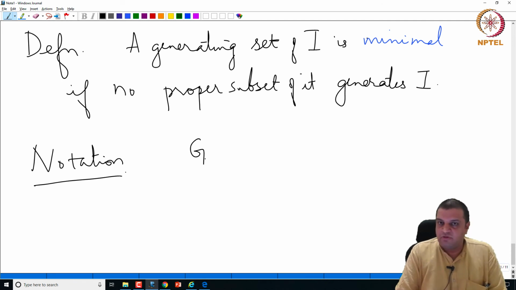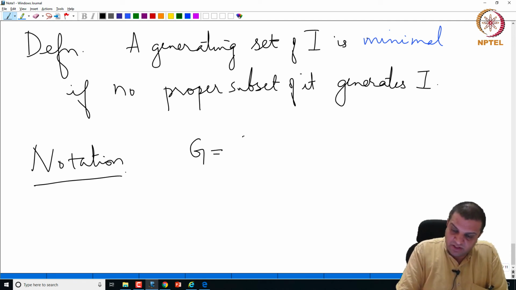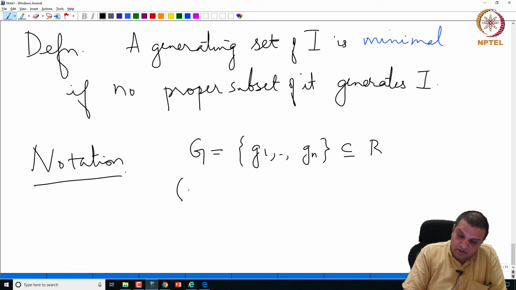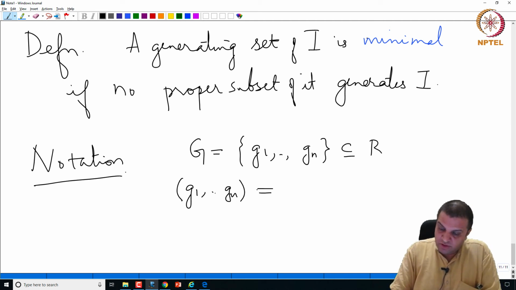We will use it mostly for finite sets, so I'll just do it for finite sets. Let's say G is a finite set consisting of n elements inside R. Then we write, with ordinary brackets, this is the notation for the ideal generated by G.